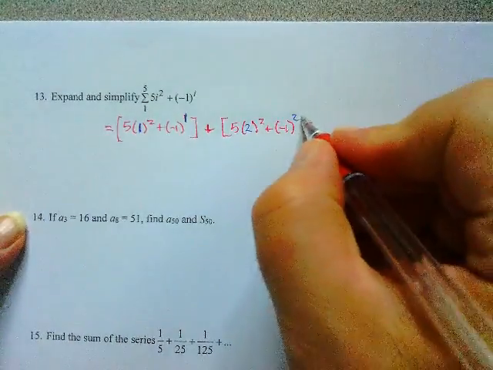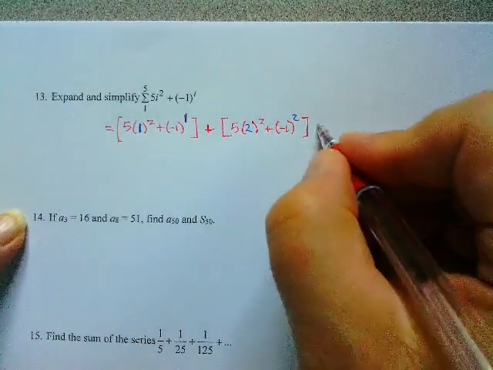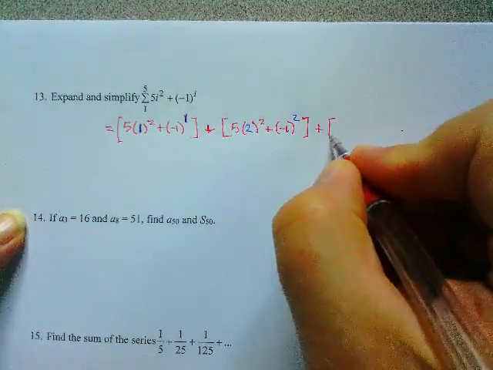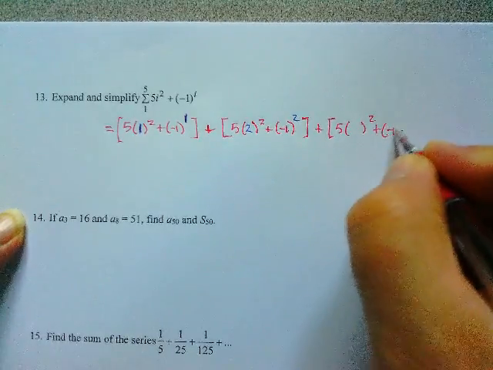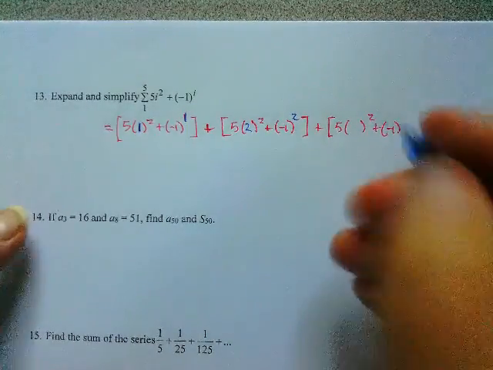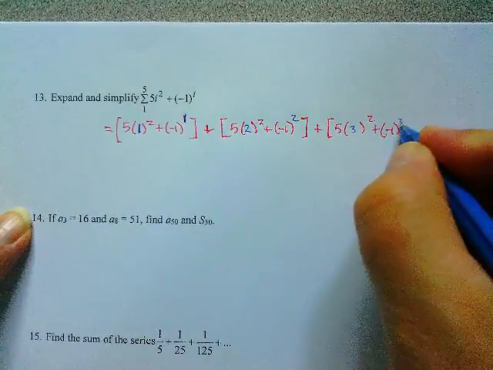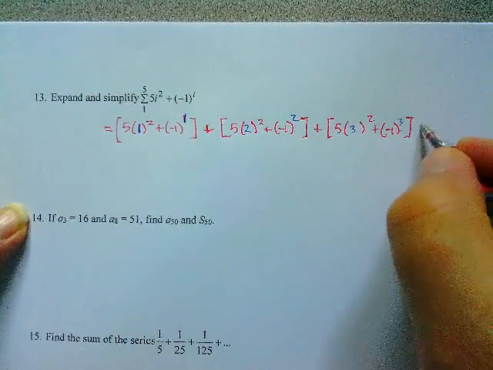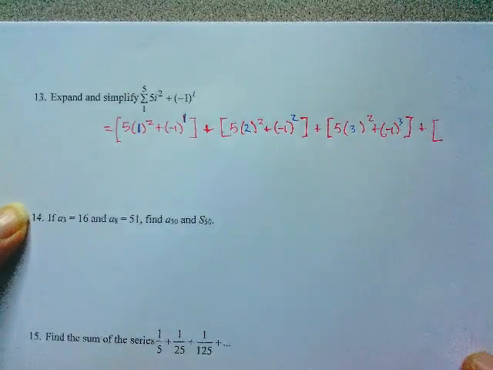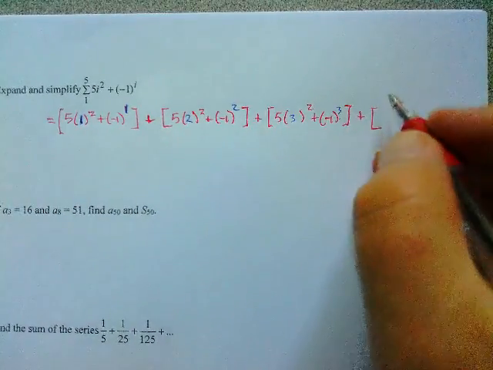And so there's the second part of the sum, plus 5 times, next we'll have the 3. So here's our 3 and 3. And then the fourth one.